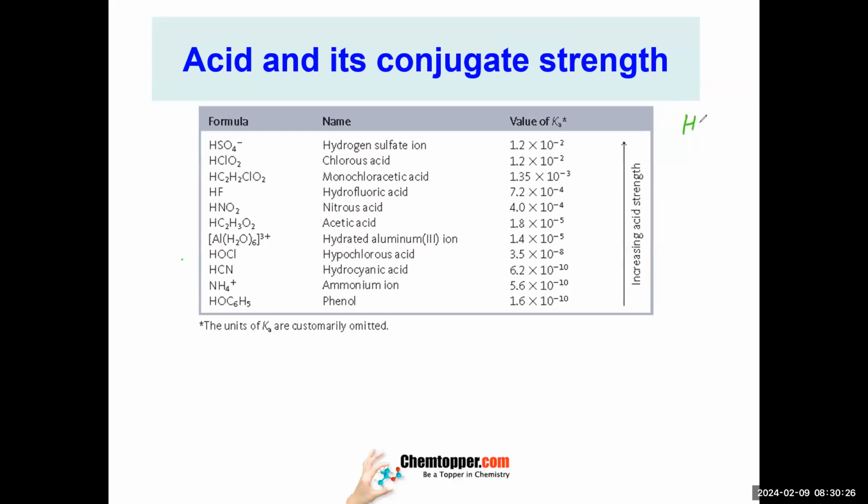HNO3. Is it a strong acid or weak acid? What is the conjugate base? It's a strong acid. Conjugate base is strong or weak?